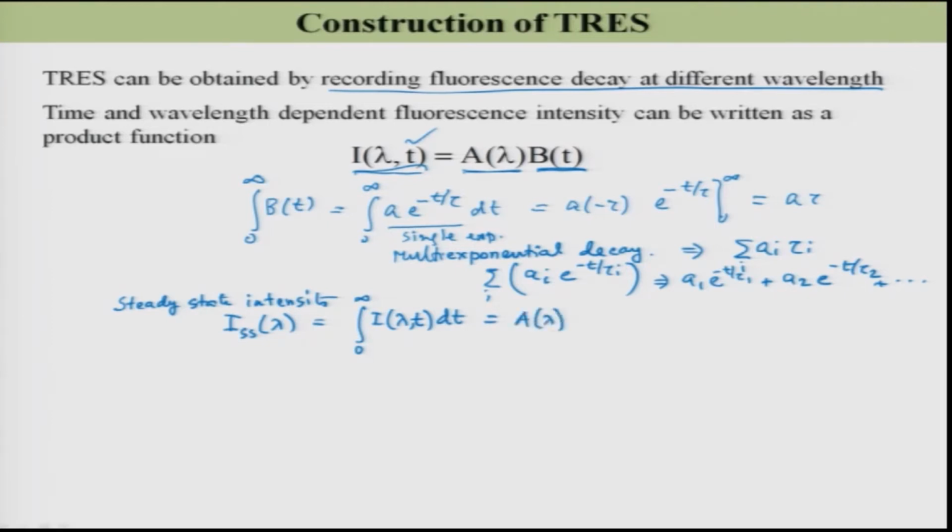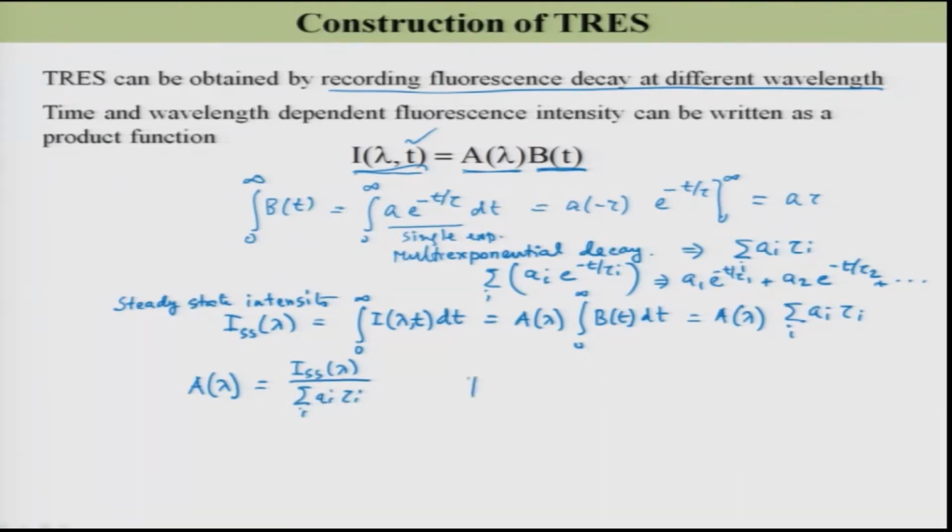So, one is a function of lambda and integration 0 to infinity b(t) dt, and I already got the value of integration 0 to infinity b(t) dt. So, this is nothing but a(lambda), a is a function of lambda, times sum over i a_i tau_i, right. So, if I want to calculate this a(lambda), I can write it as I steady state (lambda) divided by sum over i a_i tau_i from this relation, right.